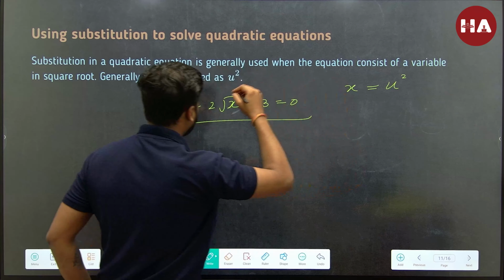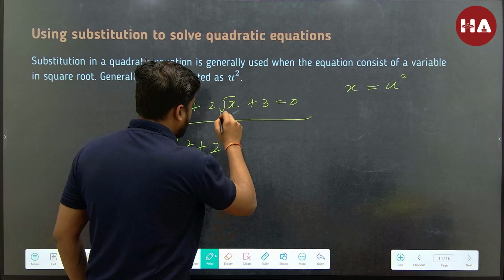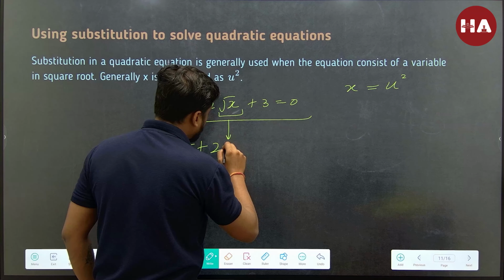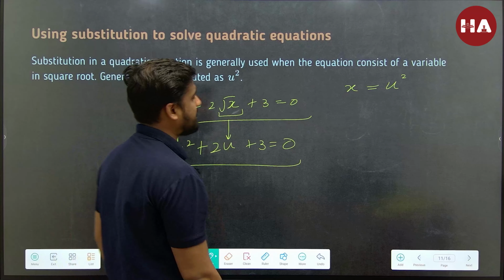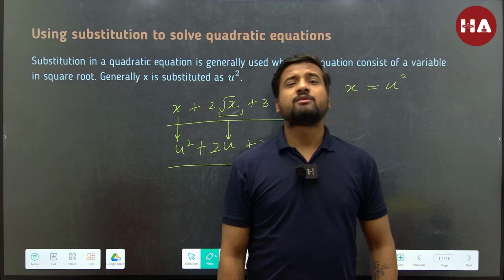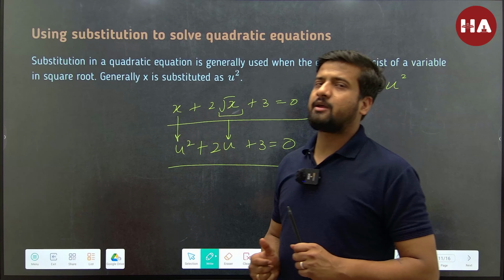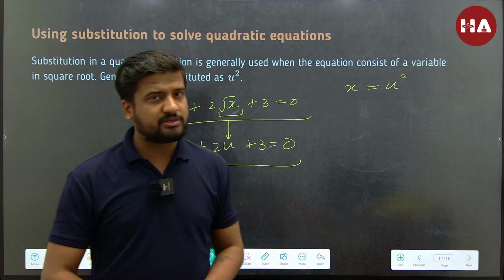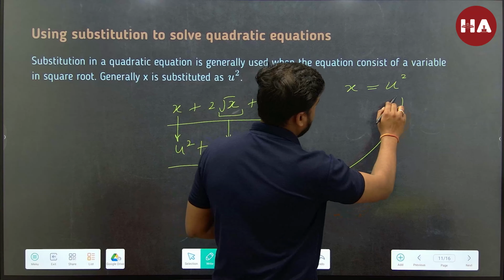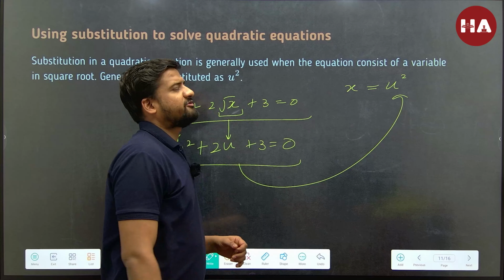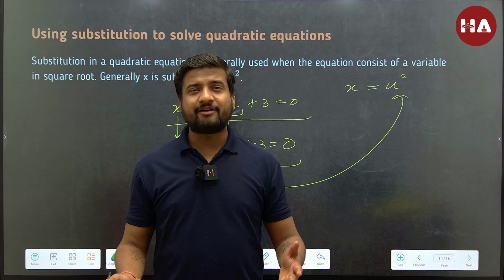Now what that will do is root x will be converted to u. Now you can see that I have a proper quadratic equation. Now I'll solve this equation, find the values of u, and substitute these values of u back to find the different values of x.